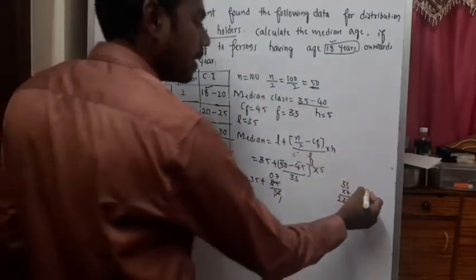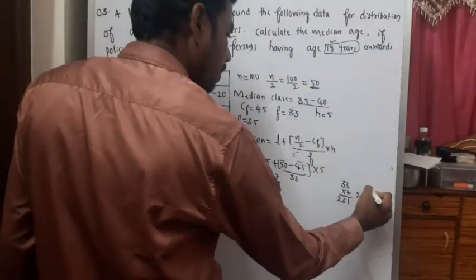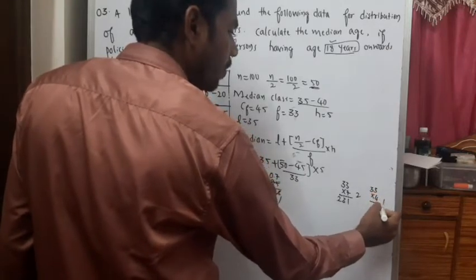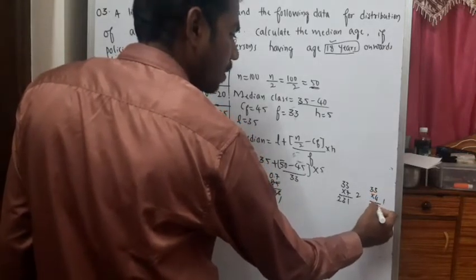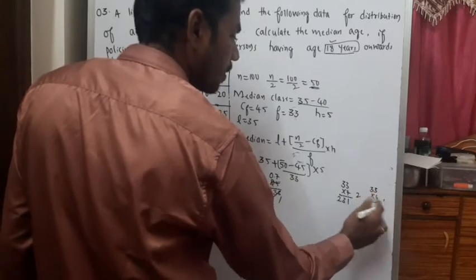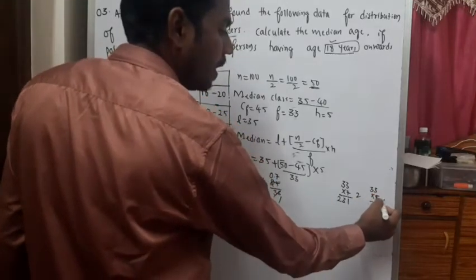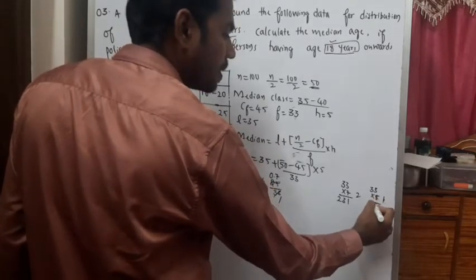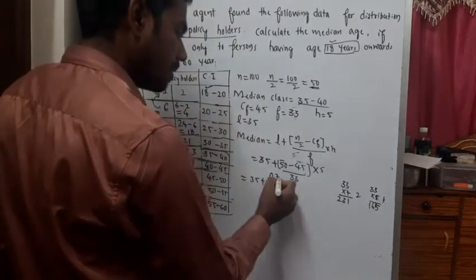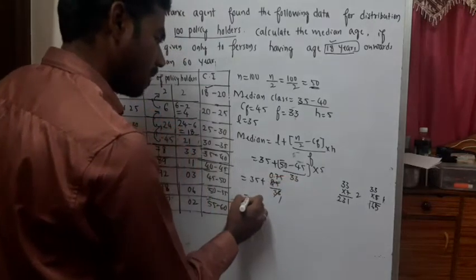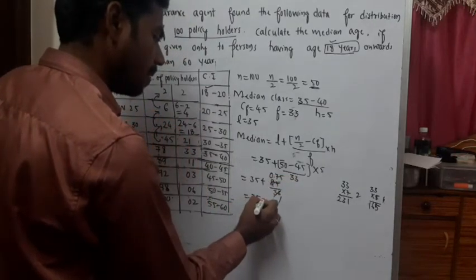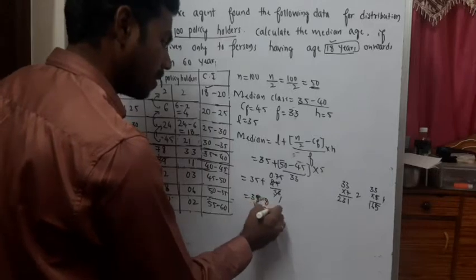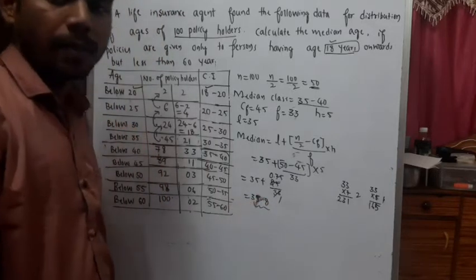Then 33 into 5: 5 3s are 15, carry 1, that gives 165. That is approximately 0.75, so 35.8. So the median is equal to 35.8.